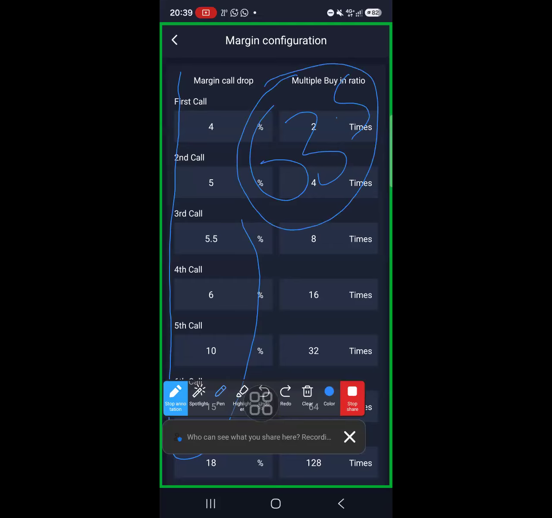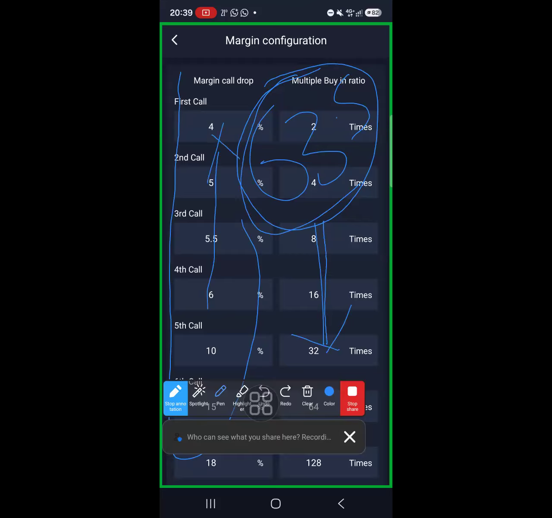Now, if you are shorting the market and you are trading with margin calls, it means the price should go up. Remember, when you are shorting the market, you say price should go down. So for the trade to go against you, price should go up.